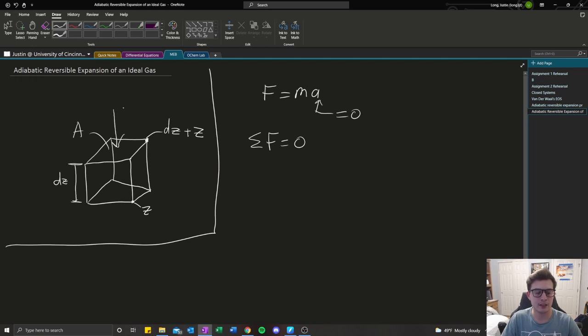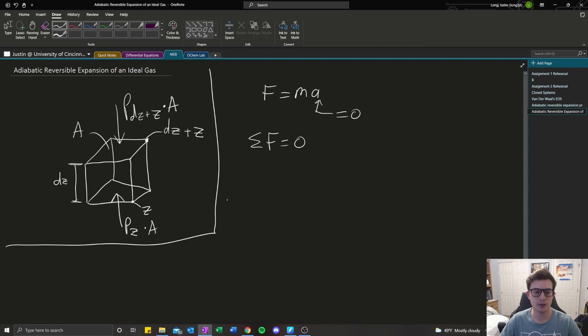It's the pressure at dz plus z, and this pressure is acting over the area here. And we also have a force of the liquid acting on the bottom of this cube, and that's just the pressure at z times the area.